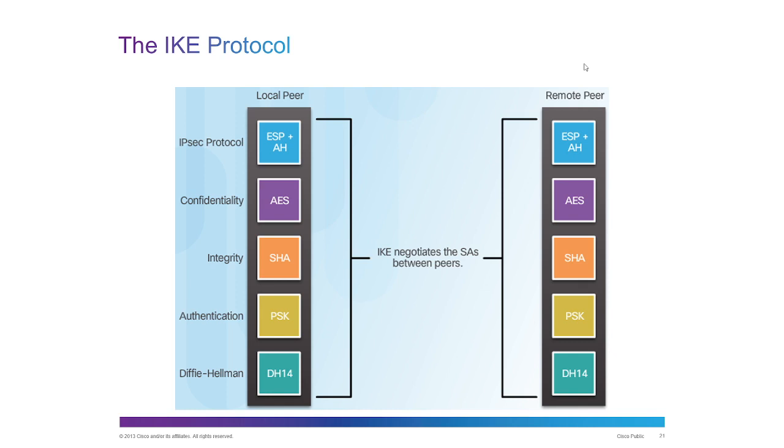So what is the IPsec protocol, what is the confidentiality protocol, what is for integrity, what is for authentication, and what is for key exchange. They need to negotiate and establish that part first before they can start communicating.